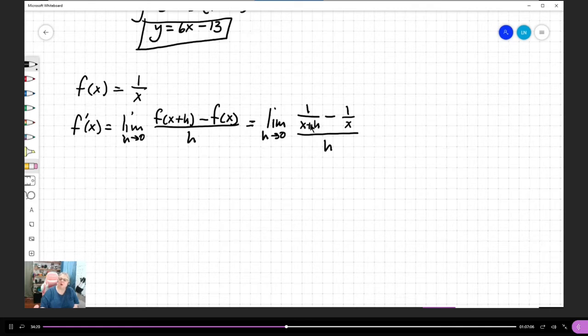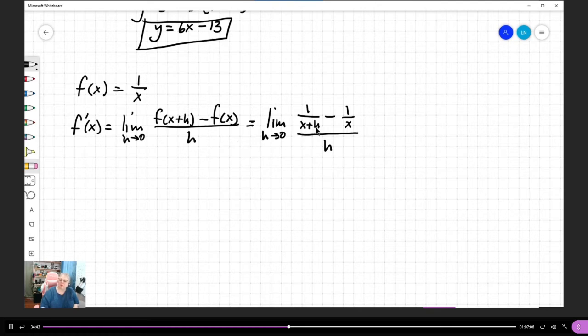So what I want to do is eliminate my complex fraction. I'm going to do the algebra that's kind of staring me in the face. I have a complex fraction, I want to get rid of it. That's going to involve multiplying the numerator and denominator by the common denominator in the problem. I have two fractions here.